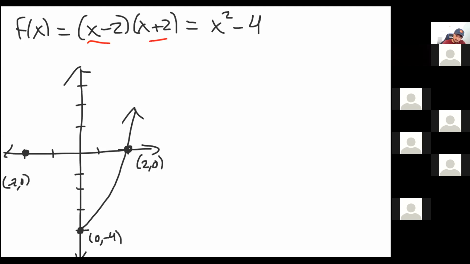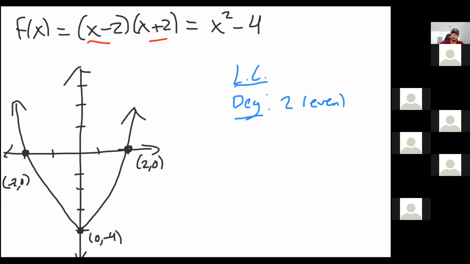And my graph will look like this. Again, if I go through that process of leading coefficient and degree, I see that for the x squared minus 4 function I'm caring about, my degree is 2. Again, it's still even. My leading coefficient is 1, which is still positive, which means that my end behavior, my tails, should be pointing up.